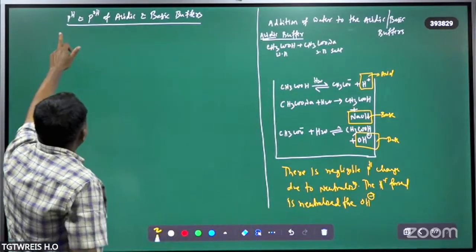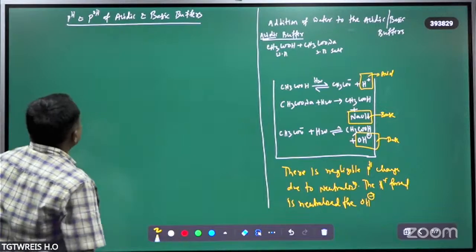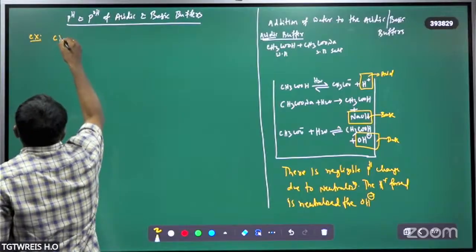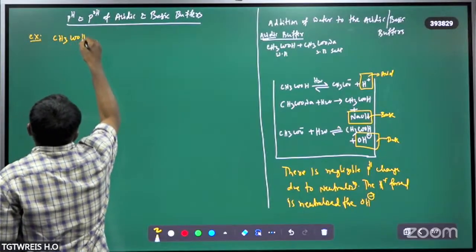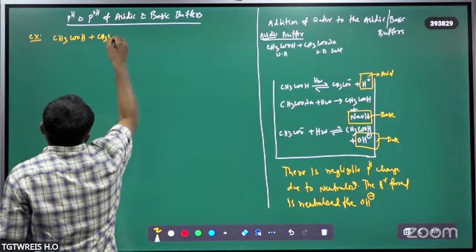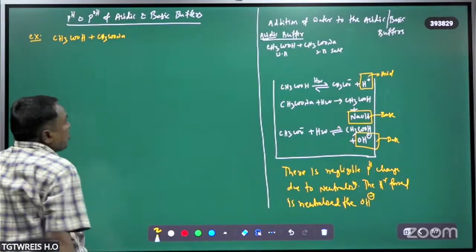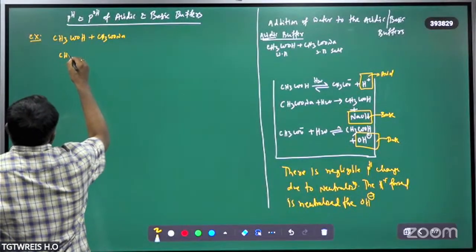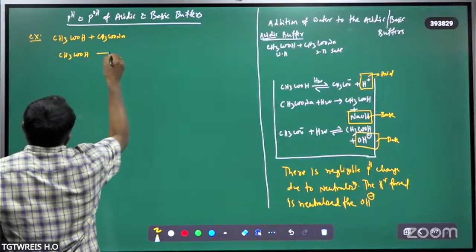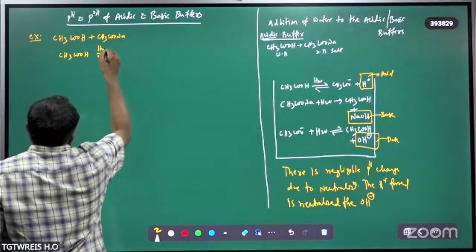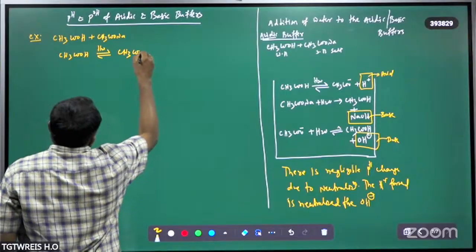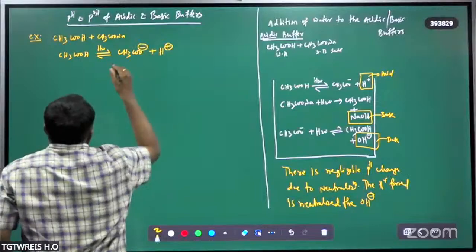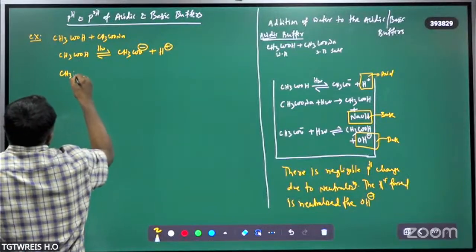Now, the pH and pOH of acidic buffer solutions. For example, you take CH3COOH and CH3COONa, which is an acidic buffer solution. CH3COOH is a weak acid, ionized when dissolved in water to CH3COO minus and H plus.